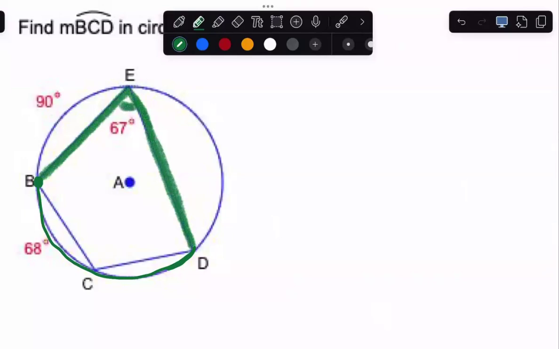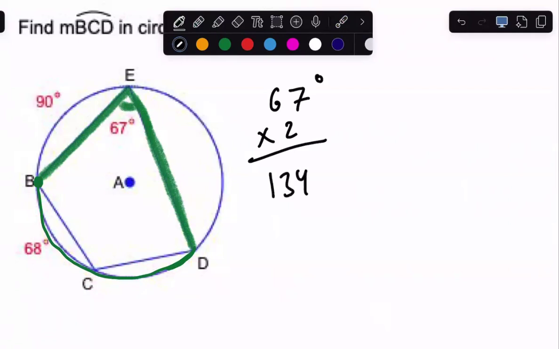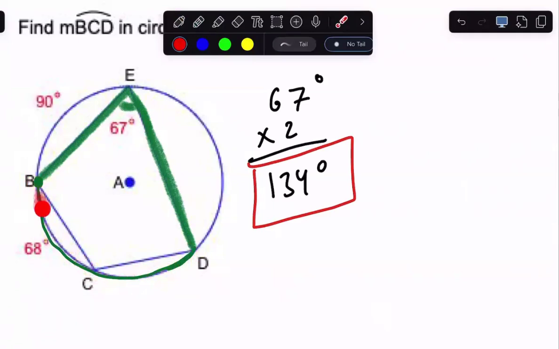So that means this arc is twice whatever that angle is. So that is 67 degrees times 2, and that would give us 134. And that's all it's asking us. So this is just our answer, 134 degrees, because it's asking just for the arc BCD.